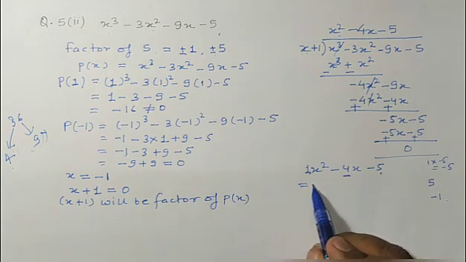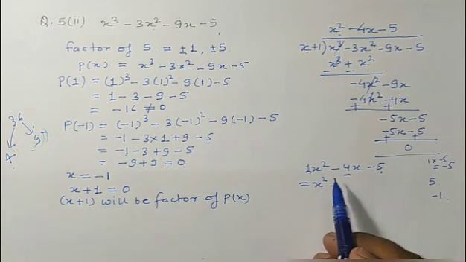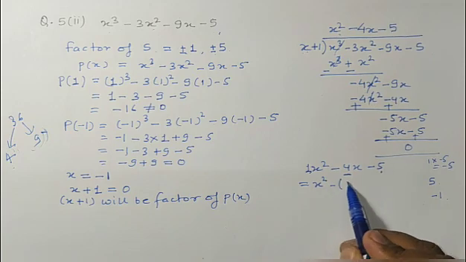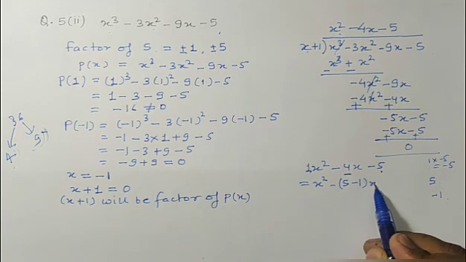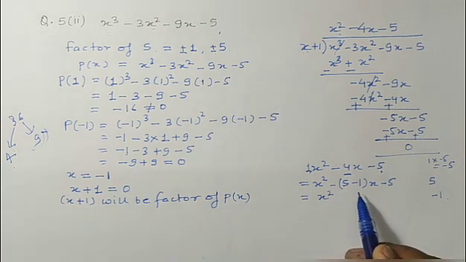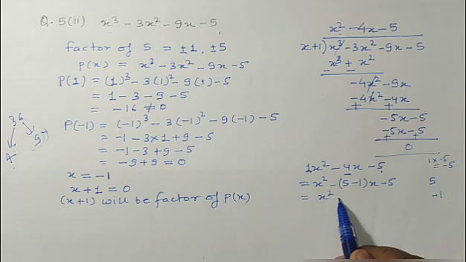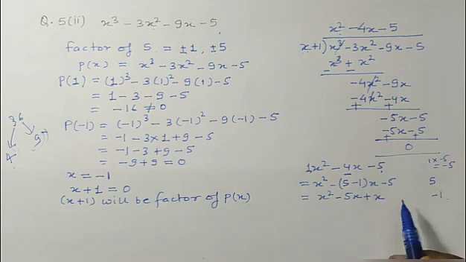So just split it. x square minus, in place of 4 we will write 5 minus 1, so that 5 minus 1 will be 4. x was there and minus 5 is here. Now for x square, we will open the bracket by multiplying with x. So it will be minus 5x, minus minus, so it will be plus 1x, or you can write directly plus x minus 5.